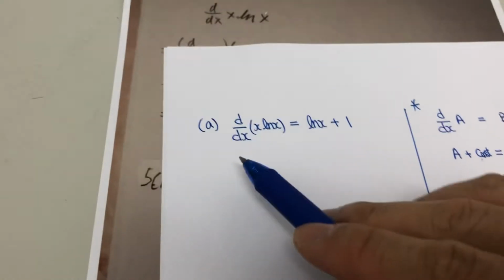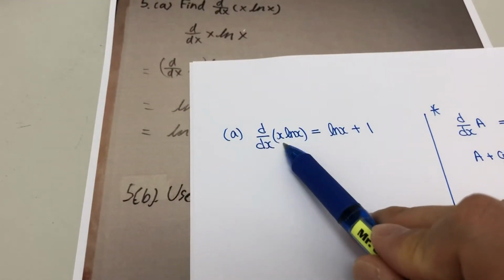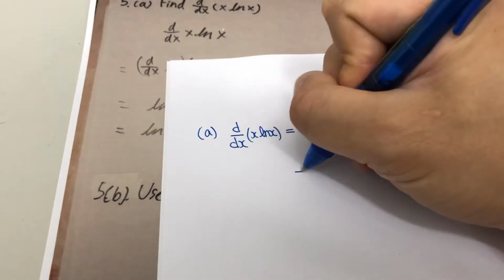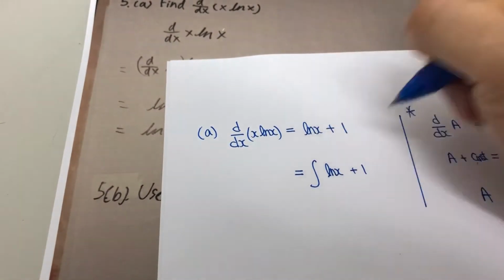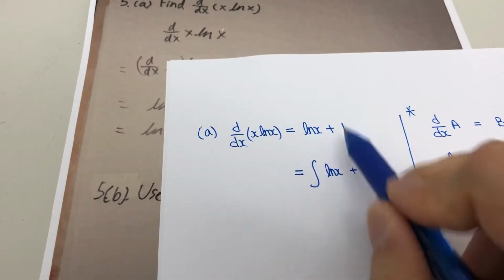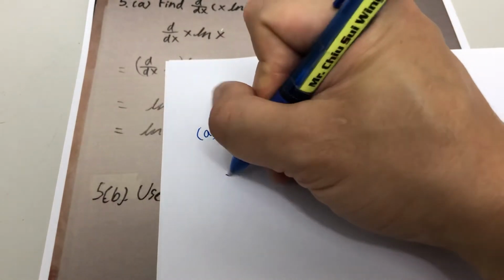Now let's go back to this part. In part A, we know that when we differentiate x log x, it becomes log x plus 1. That means that if we integrate log x plus 1 dx, it goes back to the original function, which is x log x.